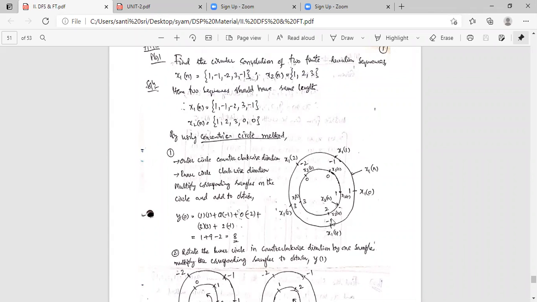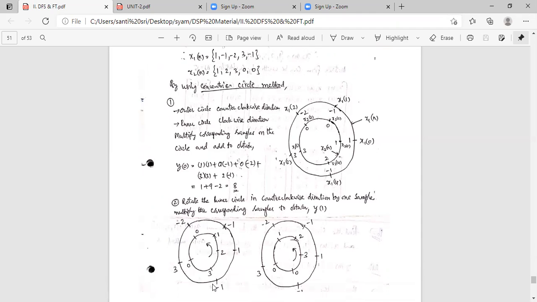The outermost circle will be in the counterclockwise direction and the innermost circle will be in the clockwise direction. For calculating y of 1, it will be rotated in the counterclockwise direction by one sample.